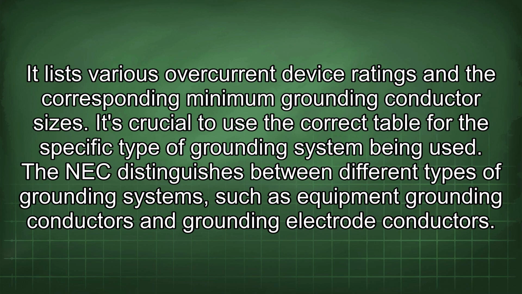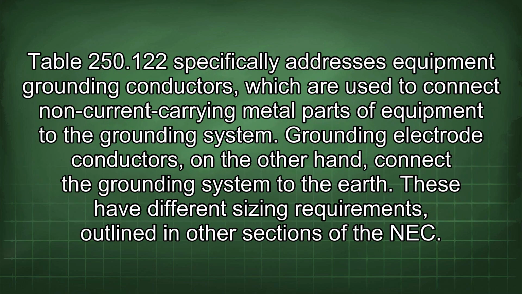The NEC distinguishes between different types of grounding systems, such as equipment grounding conductors and grounding electrode conductors. Table 250.122 specifically addresses equipment grounding conductors, which are used to connect non-current carrying metal parts of equipment to the grounding system. Grounding electrode conductors, on the other hand, connect the grounding system to the earth. These have different sizing requirements outlined in other sections of the NEC.